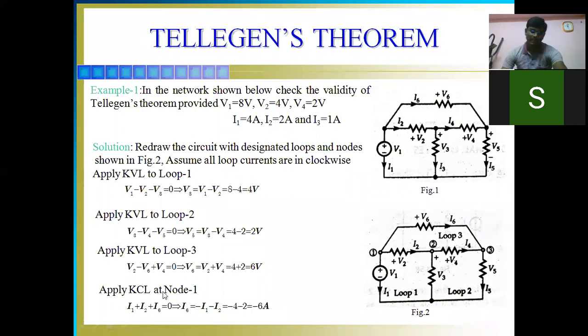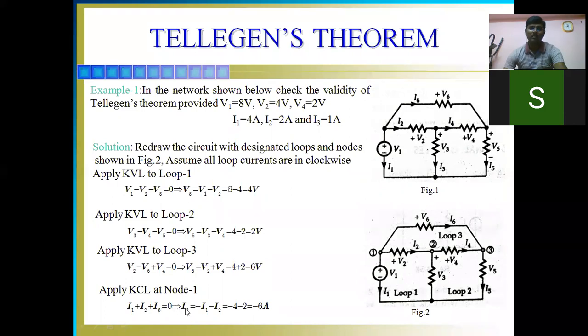Now apply KCL at node 1. See here, I1 is leaving, I2 is also leaving, and I6 is also leaving. From the first node, these 3 currents are leaving. So I1 plus I2 plus I6 is equal to 0.